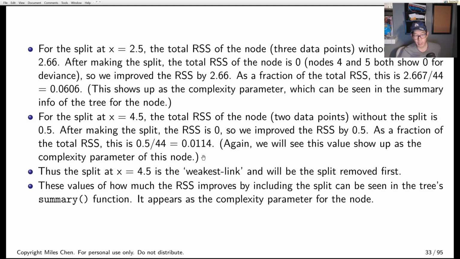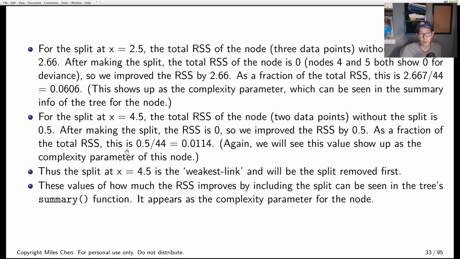If you do that as a fraction of how much RSS we reduced, for the split at 2.5 we went from 2.66 down to 0. So that's a reduction of 2.66. 2.66 divided by 44 is around 6%. That's the measure of its improvement, and that's known as our complexity parameter for that split.